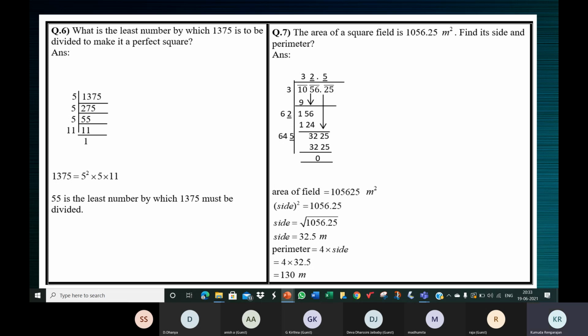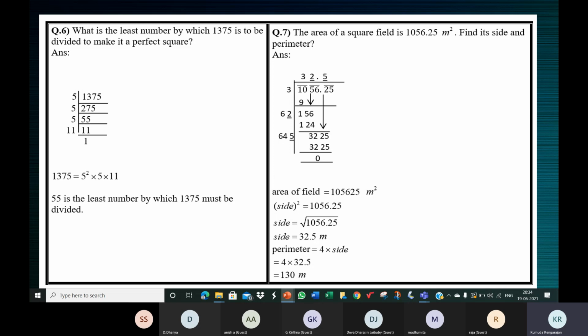The area of a square park is, are you all listening? I'm giving you a mixed fraction.